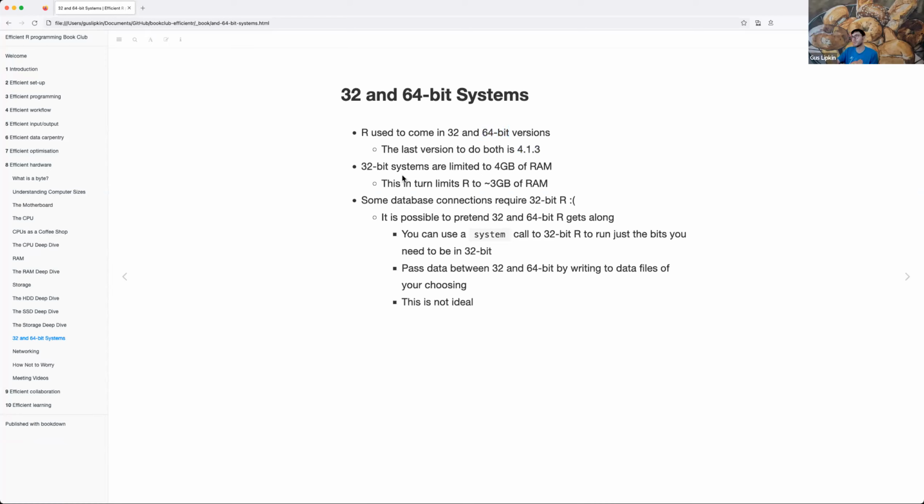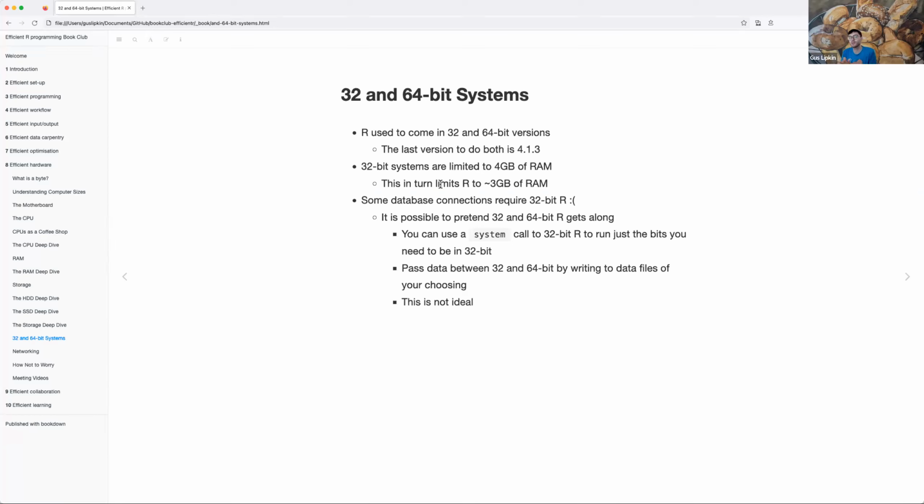And 32-bit systems, because they can't handle big enough numbers, essentially, they're limited to using 4 gigabytes of RAM. And that in turn limits R roughly to about 3 gigs. And so if you have data that's larger than 3 gigabytes, you probably want to use 64-bit.